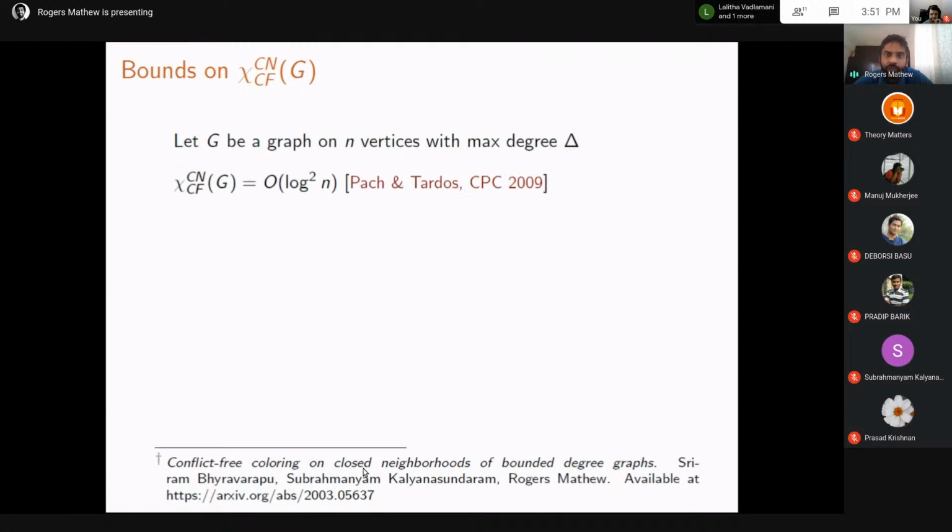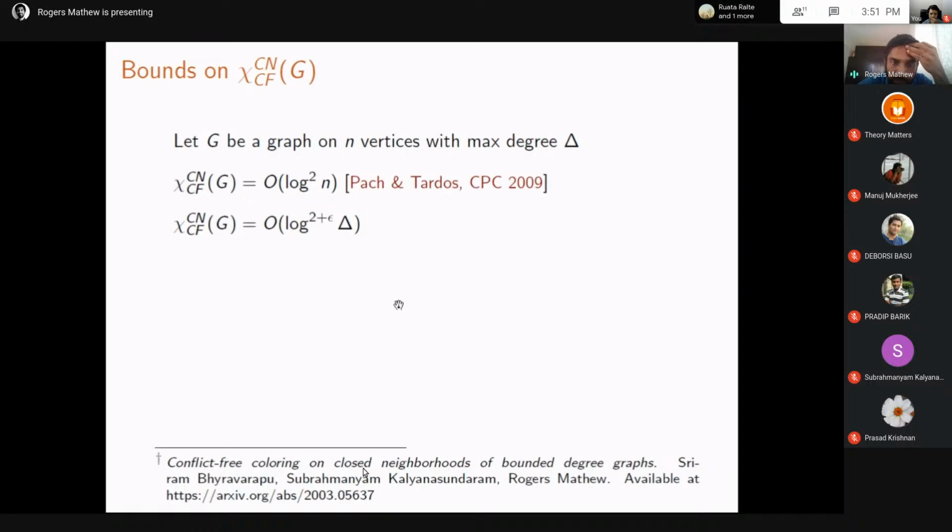So the first result was due to Pach and Tardos in 2009, which said that the conflict-free closed neighborhood chromatic number of a graph is order of log square n, which means it's at most some constant times log square n. And this is all from the same paper.